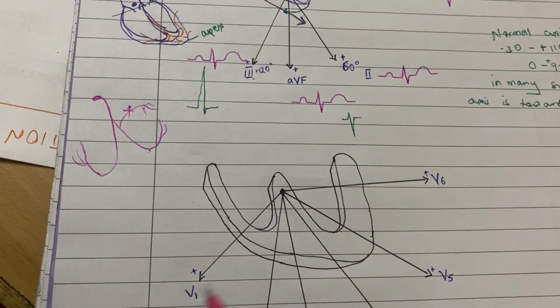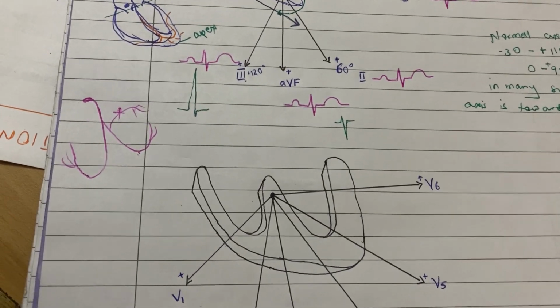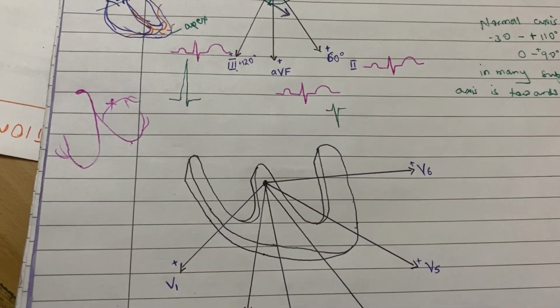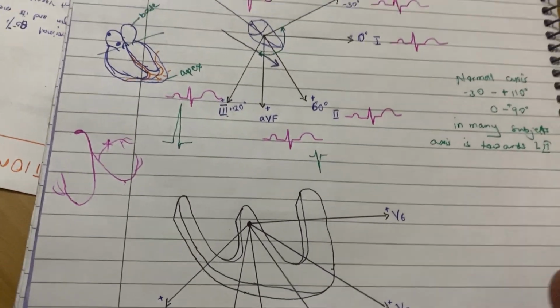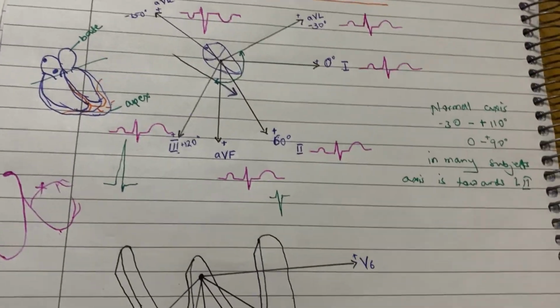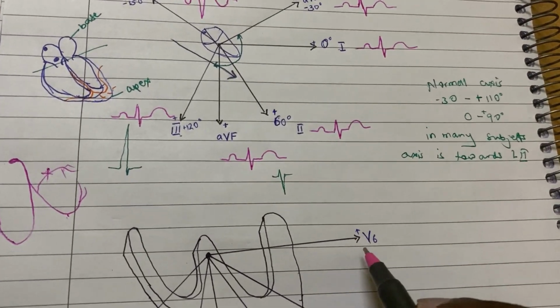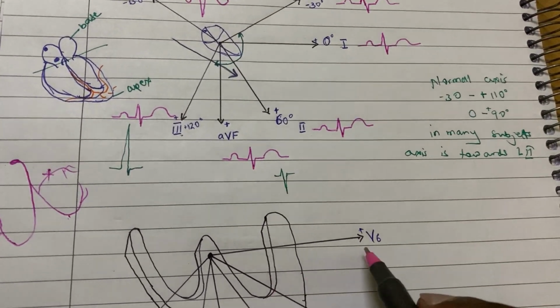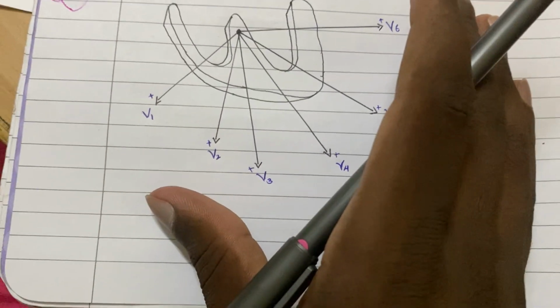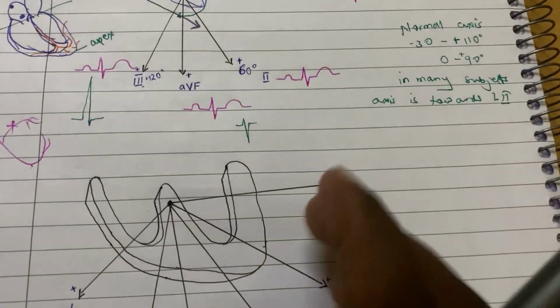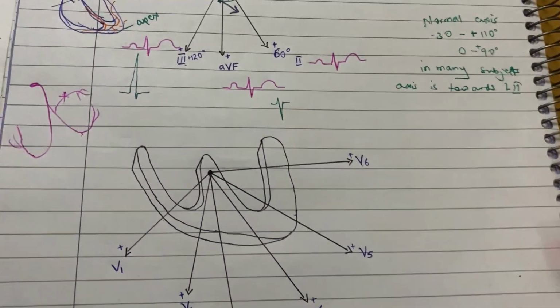Now, V1 is located towards the right side, V2 to V4 are located anteriorly, and V5, V6 laterally. So you see V1 and V6 are almost going in opposite directions. This is a sketch, not accurate, but at least they are trying to go away from each other.